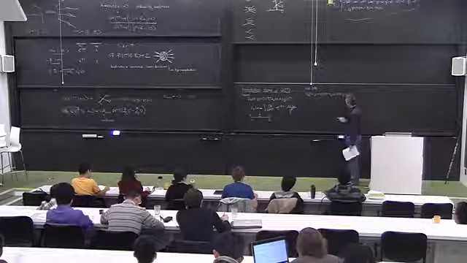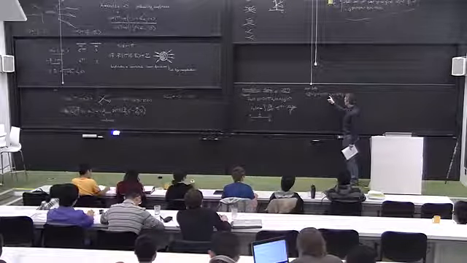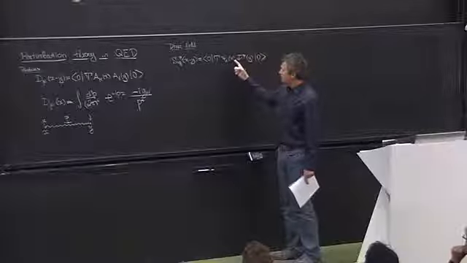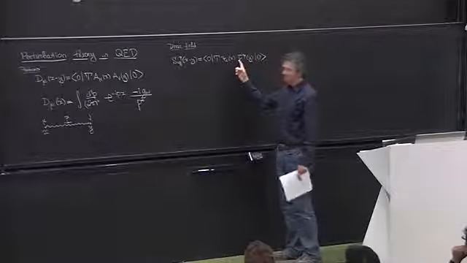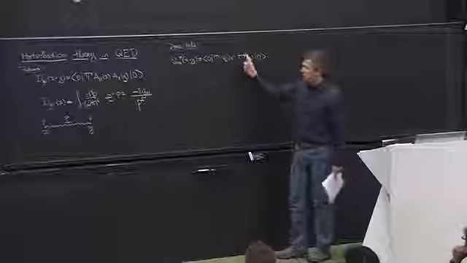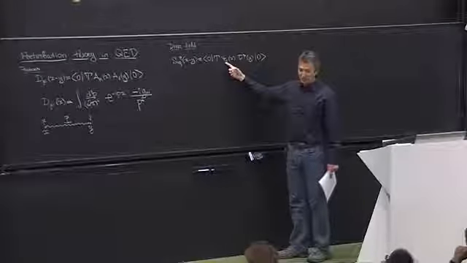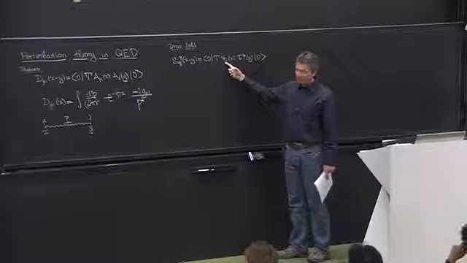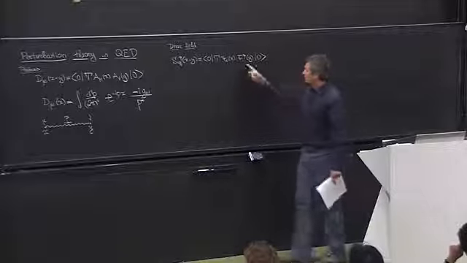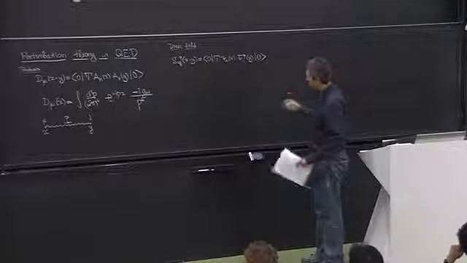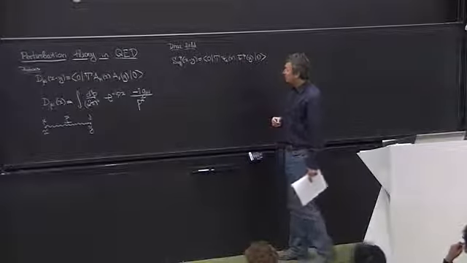The physical reason is that psi has charge 1, and to have a non-zero expectation value, the operator inside the matrix element should have total charge 0. So we have to have psi bar inside the matrix element.